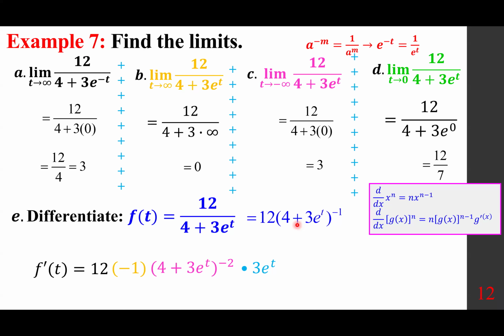As you notice, the product is negative 36e to the power of t. This goes down with a positive exponent. So that's pretty straightforward, everybody.